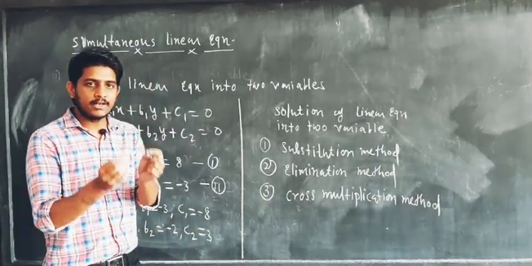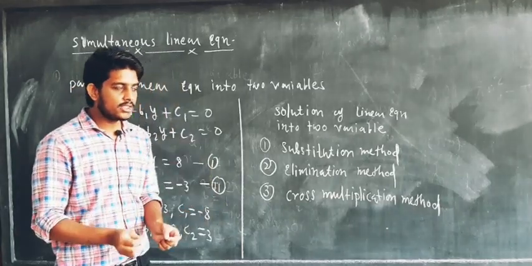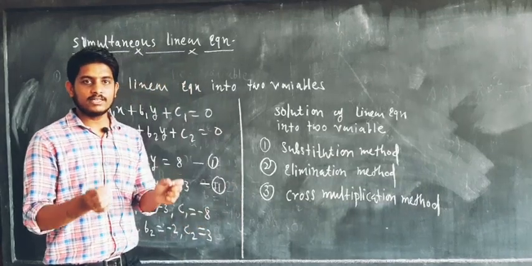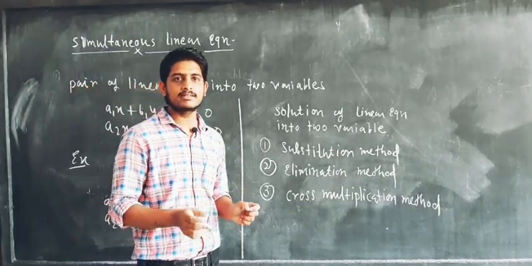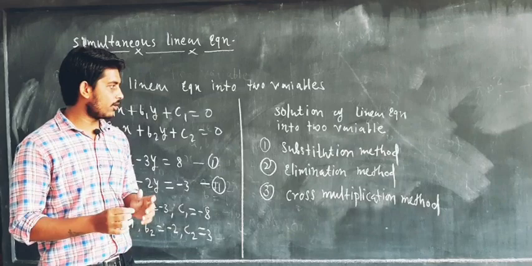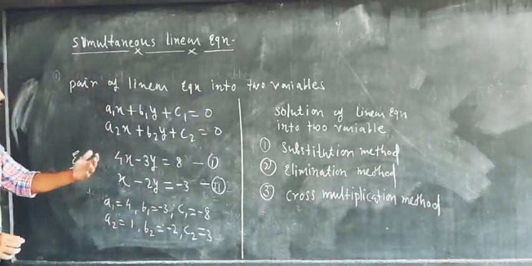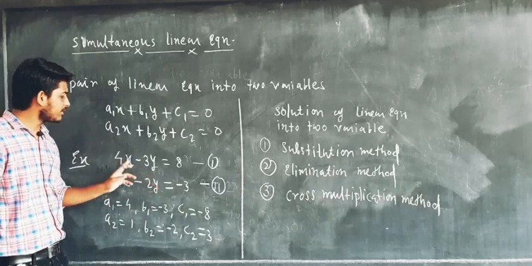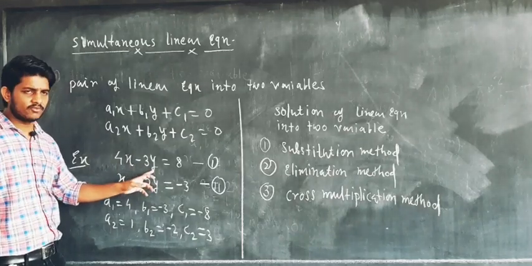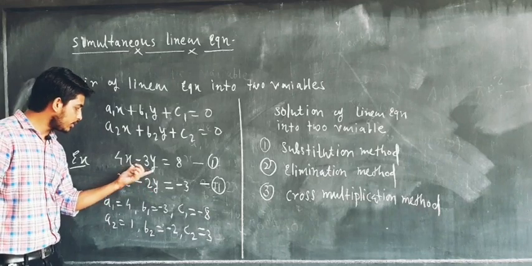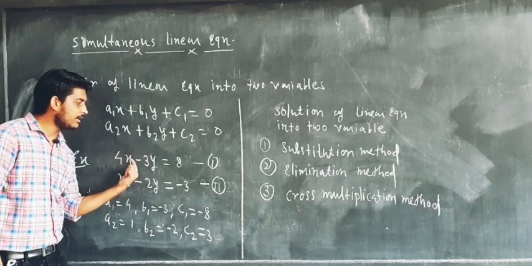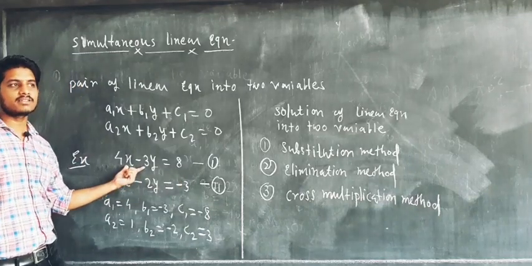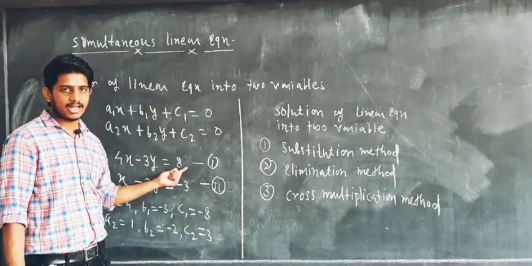Listen carefully: the values of the variables through which both equations are satisfied, with their left hand side and right hand side equal. Means if I put the values of x and y here and solve, I will get 8 as the answer. That means the left hand side will equal the right hand side.